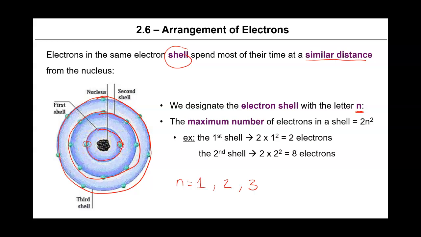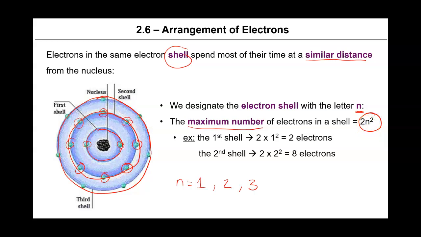So that means that every shell that we move out can accommodate more electrons. And the little formula that you want to remember is that the maximum number of electrons in a given shell is 2 multiplied by n squared.